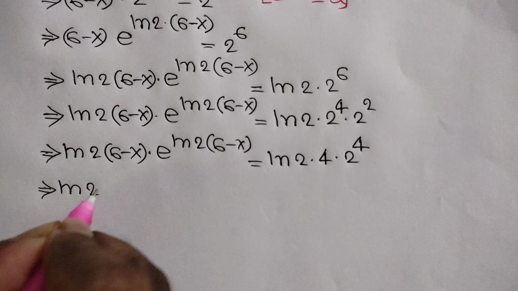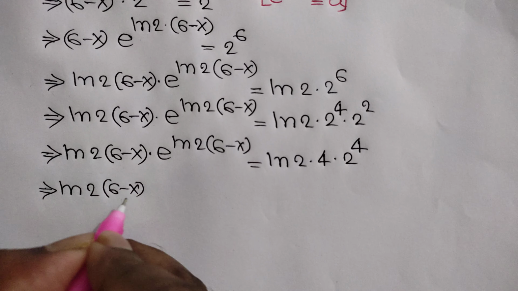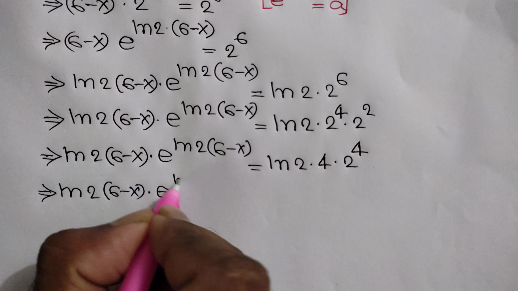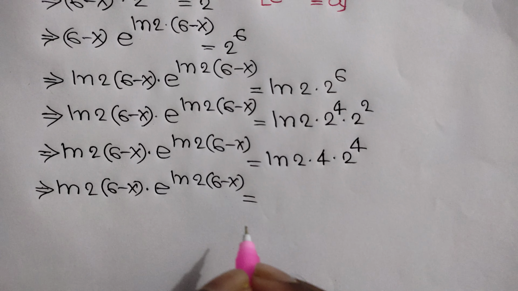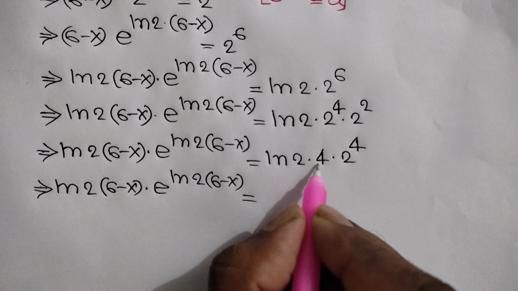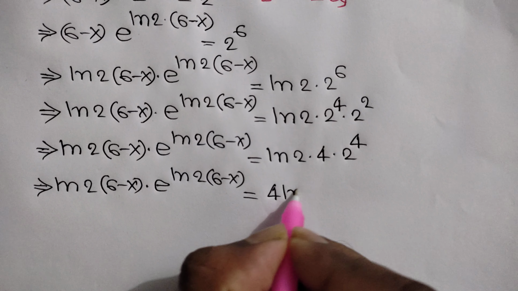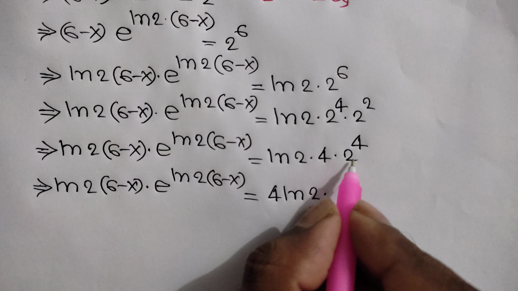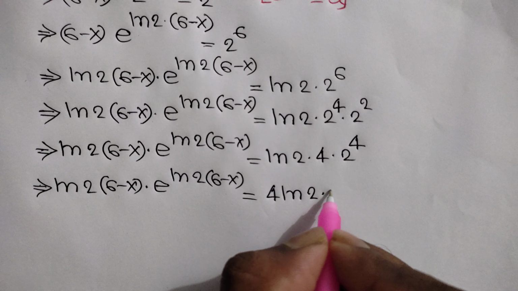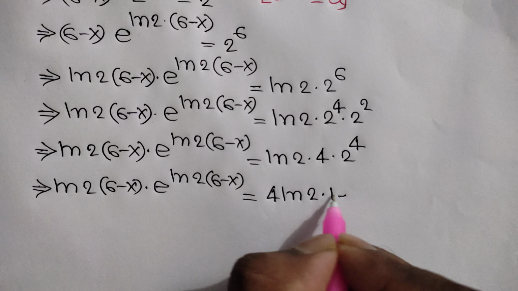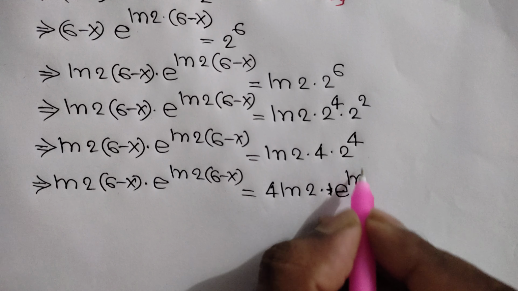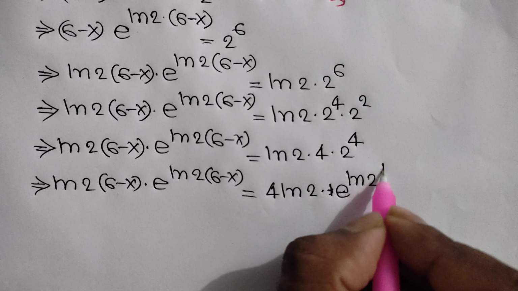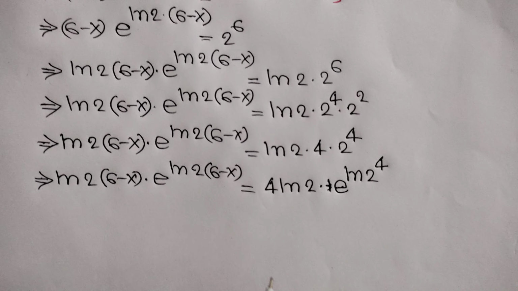Now we can write 4 ln of 2 times, this 2 to the power 4 can be written as e to the power ln of 2 to the power 4.